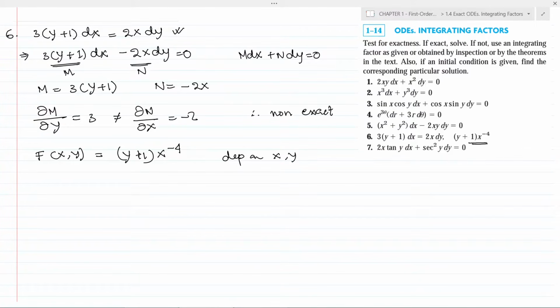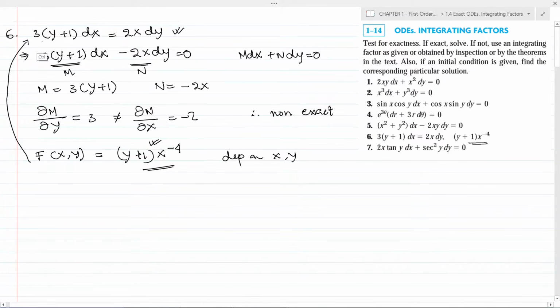However, those integrating factors would be dependent either only on x or only on y. This integrating factor is dependent on both x and y. So, using that method we cannot calculate this integrating factor. However, since it has already been given in the question, we can of course multiply this f with the original ODE on both sides to get an exact differential equation.